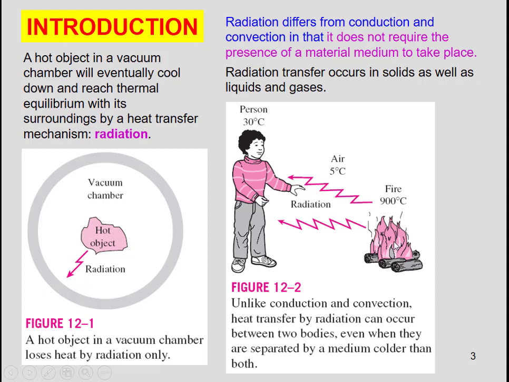And this heat transfer happens through the air, and the thermal energy reaches the body of this person, even though the temperature of the medium between those two is less than the temperature of the receiving object. So unlike conduction and convection, heat transfer by radiation can occur between two bodies even when they are separated by a medium colder than both. This is the difference between radiation and convection or conduction.